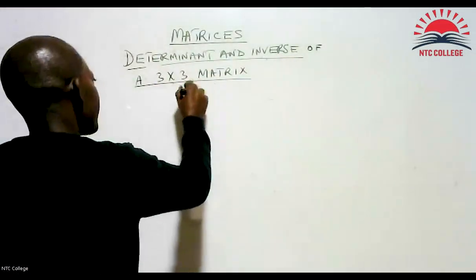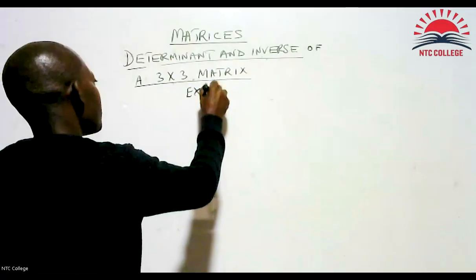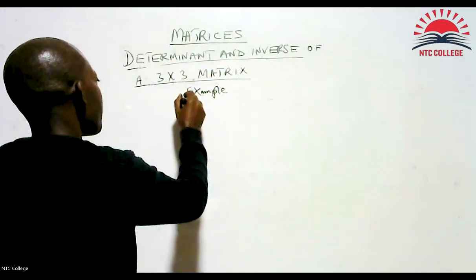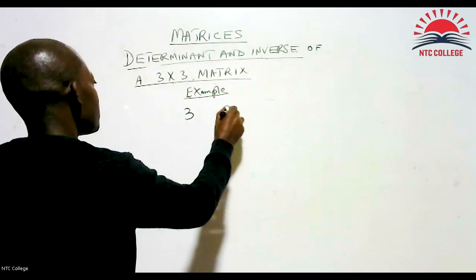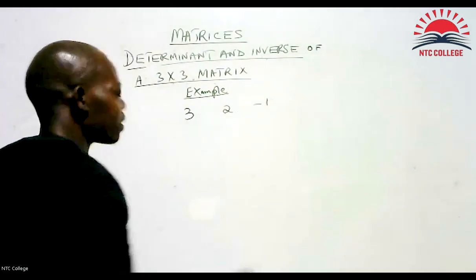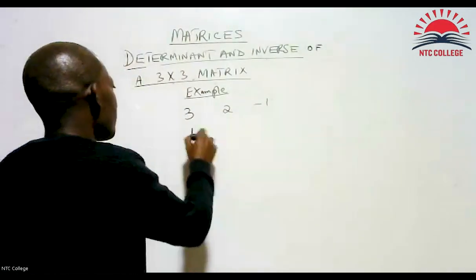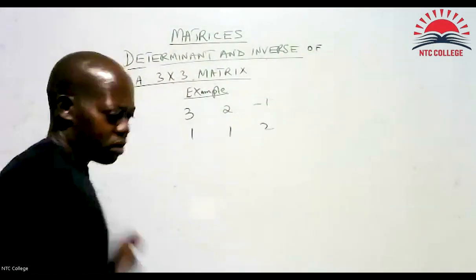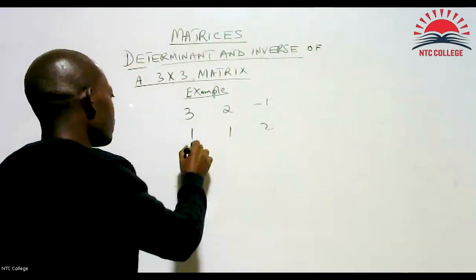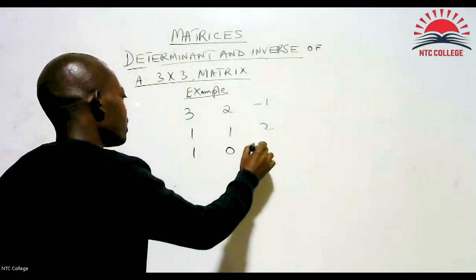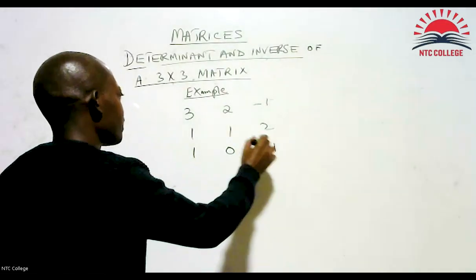So this would be our example. 3, 2, -1. That is the first row. Second row, 1, 1, 2. Third row, 1, 0, -1.